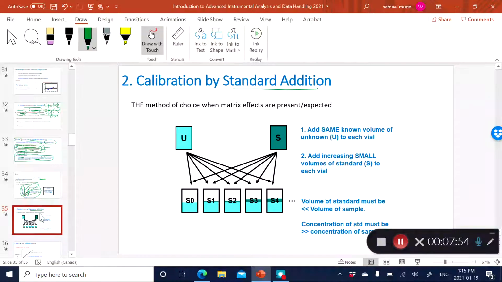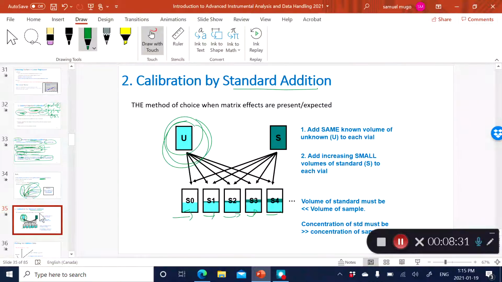Now, what is the standard addition calibration method? It's where you analyze the standard in the presence of the unknown. And in practice, the way you do this is you take, say, volumetric flasks or containers in the lab, and then you pipette a known volume of the unknown, in equal volume for all the volumetric flasks.